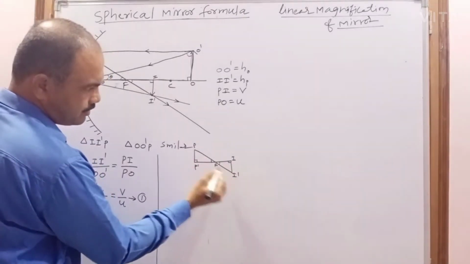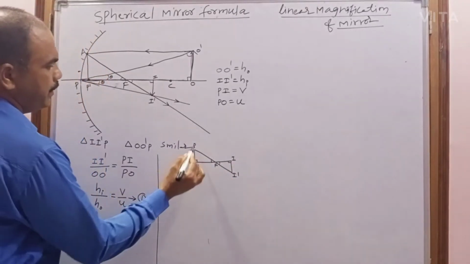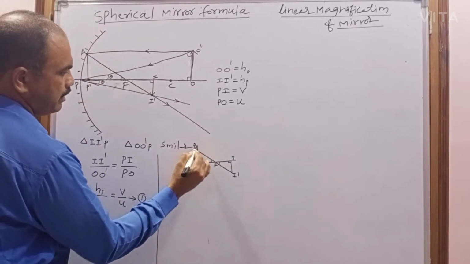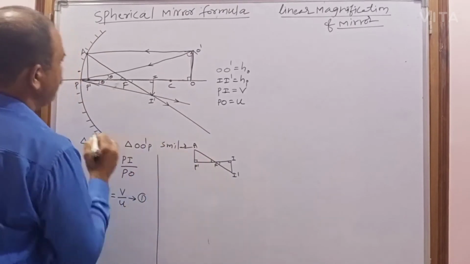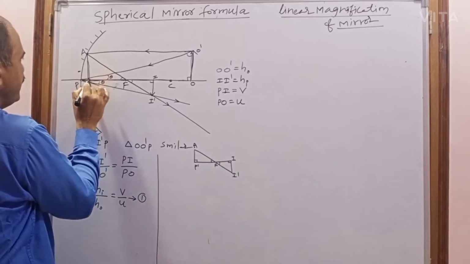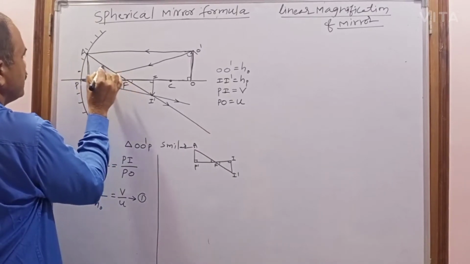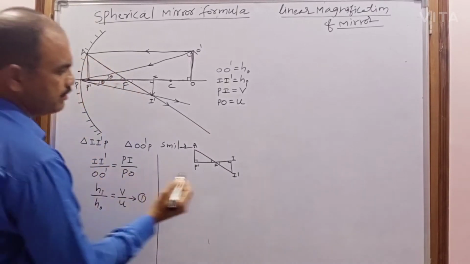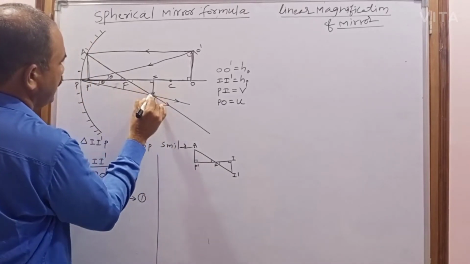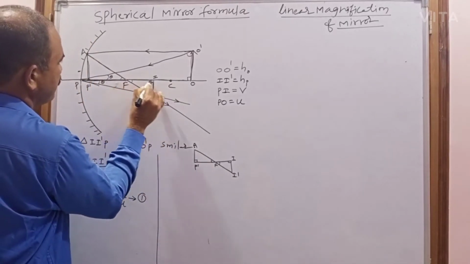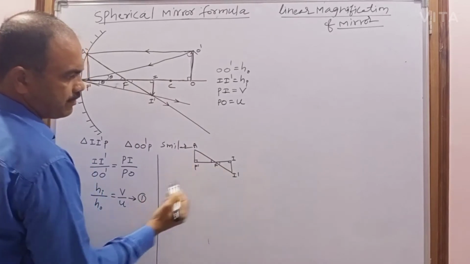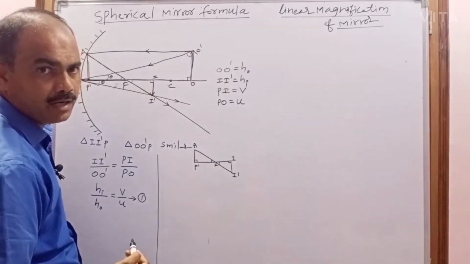So these two angles are also the same. So triangle A P dash F and the next one I dash F are now also similar triangles.